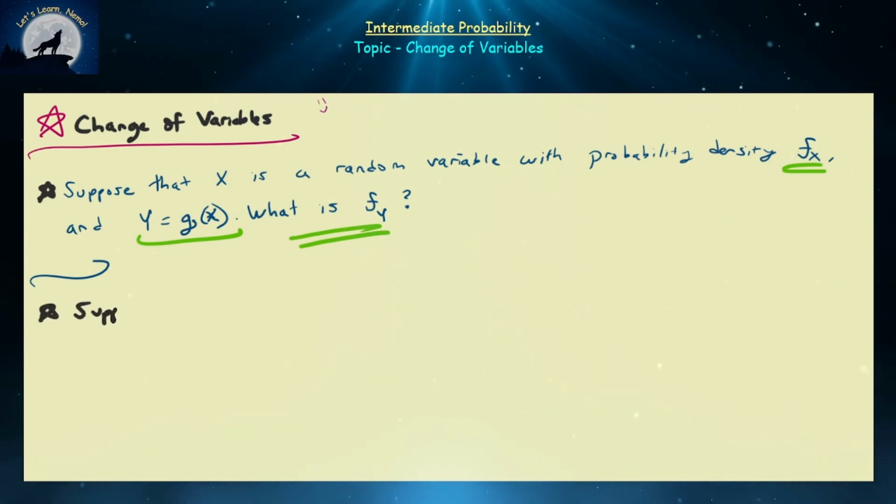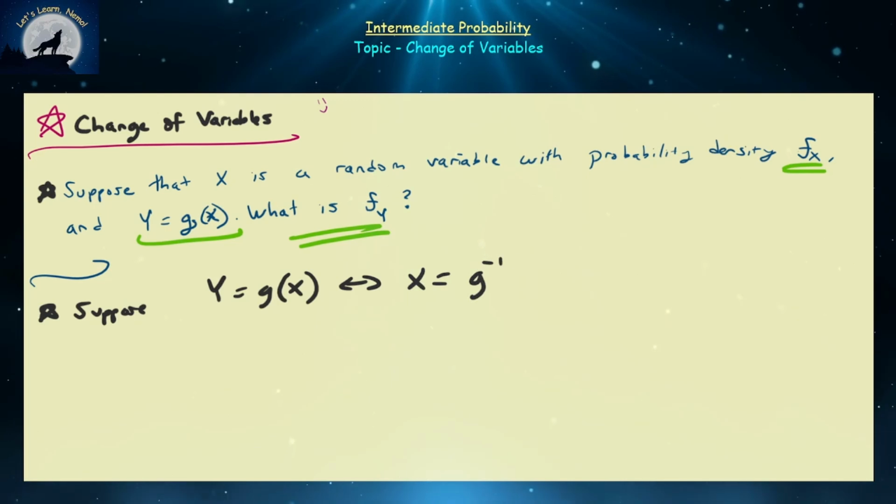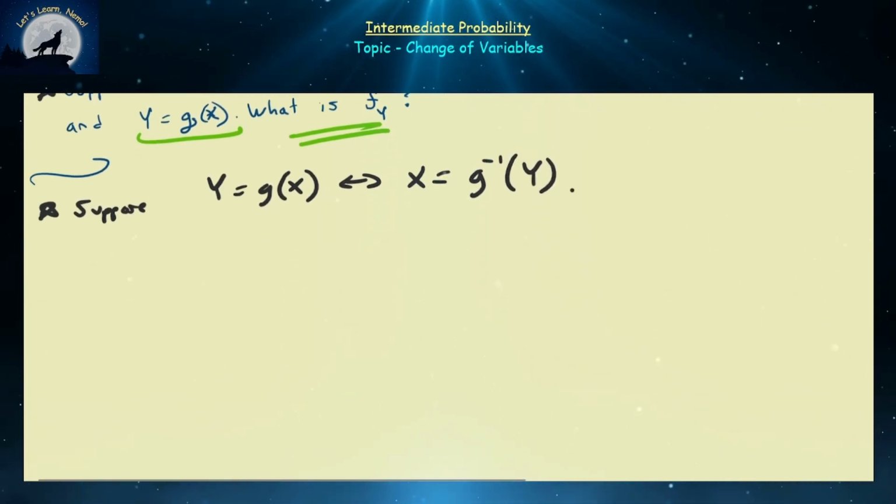So let's suppose that y is equal to g of x with g invertible. That means x will be equal to g inverse of y, right? And let's, of course, mention this very important note.